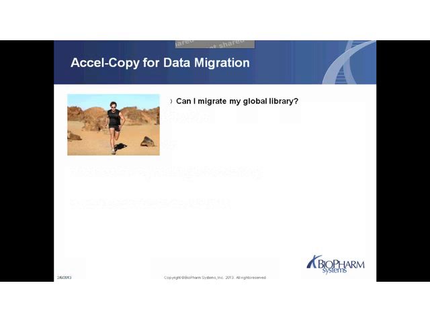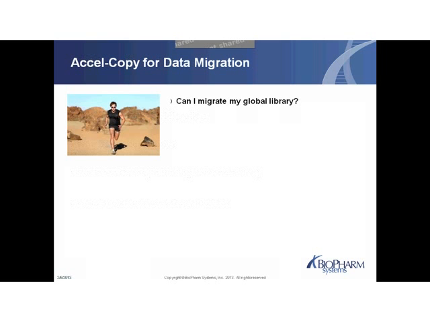usually when you're doing a data migration, there are a lot of questions. And when dealing with Accel-Copy, it's important to look at it from a different perspective, because Accel-Copy provides an ability to migrate parts of your database between instances, and you can break up some studies from some databases and some from the other.